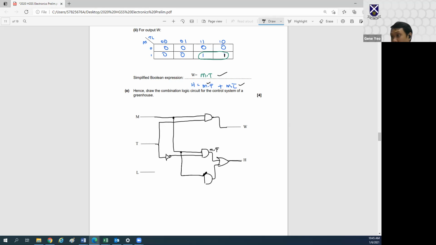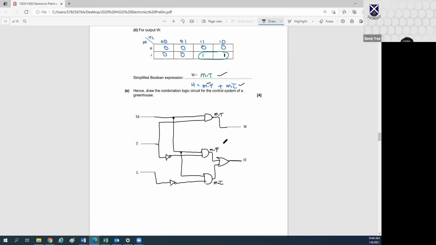This is your M and L complement. I'm going to have another NOT gate, and this goes for my L. So this is my M and L complement. This is my M and T.